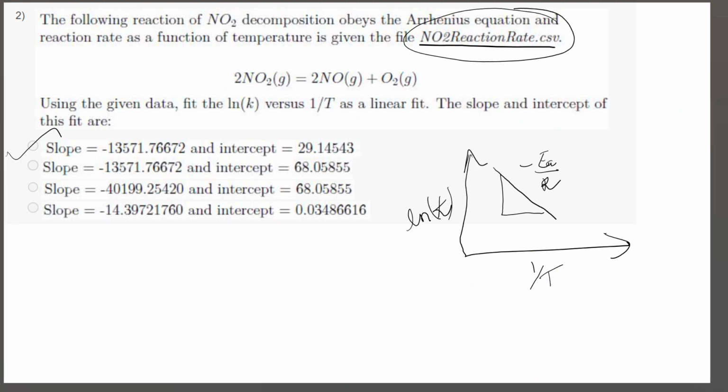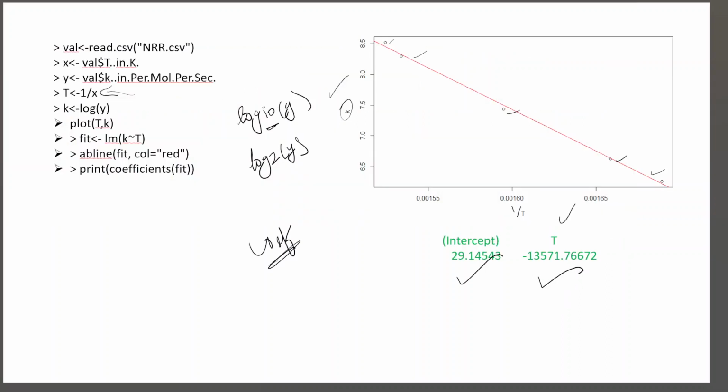Here, whatever you have got is only the slope. If they ask you to find out the activation energy value, then minus EA by R is equal to minus 13,571.76.